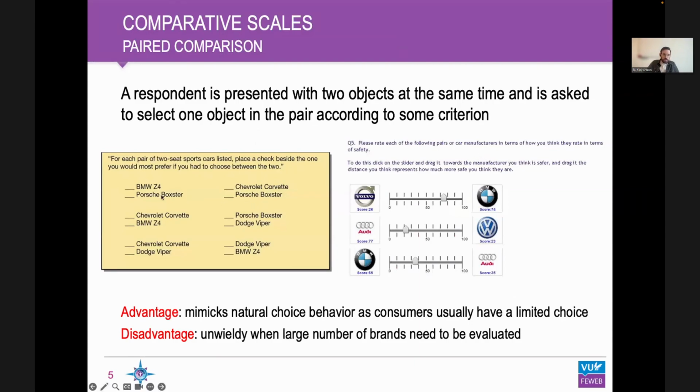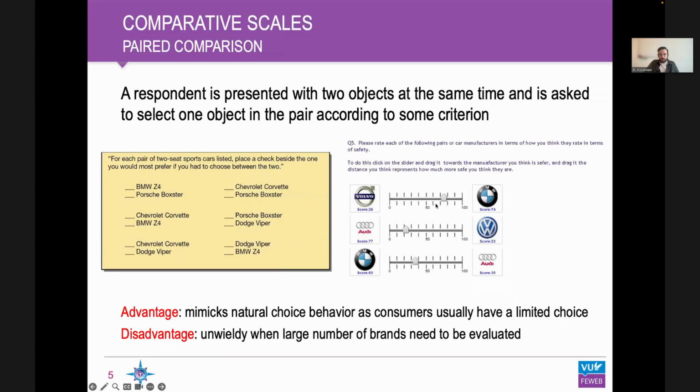So for instance, here you have these car models from different manufacturers. You ask exhaustively which one of the two the respondents prefer. And this is, again, an exhaustive list.